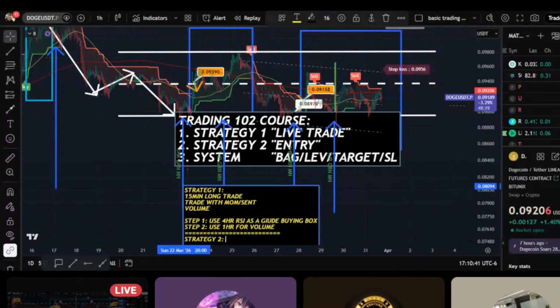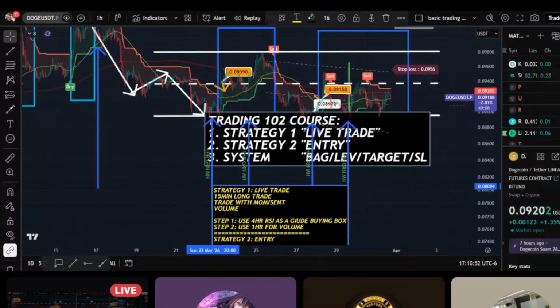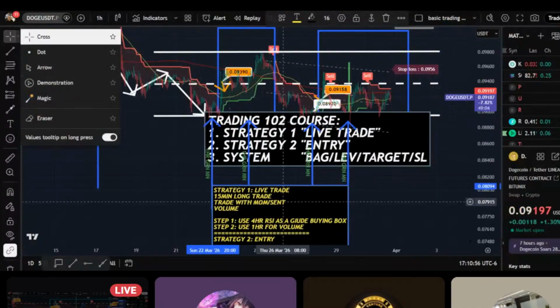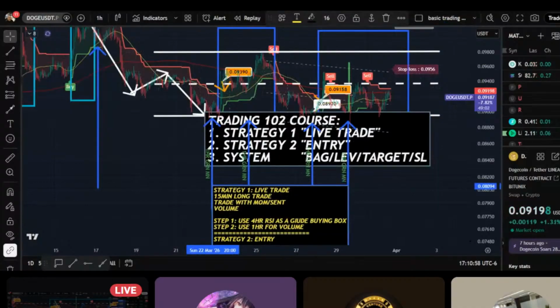And what that basically is, is your entry, right? Strategy 1 is the steps to recognize a live trade, right?